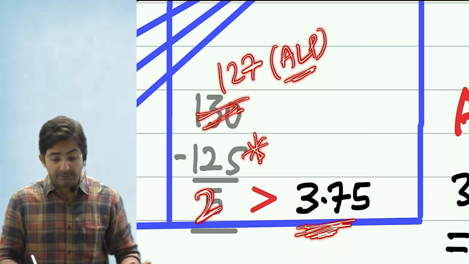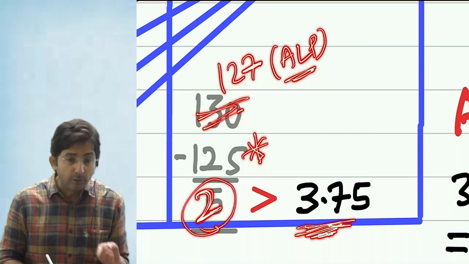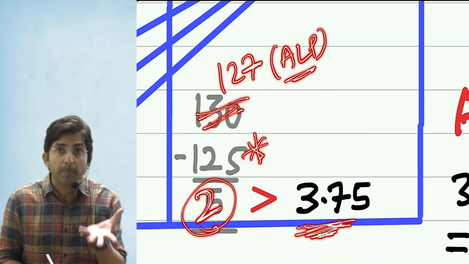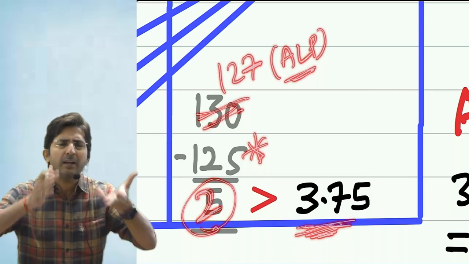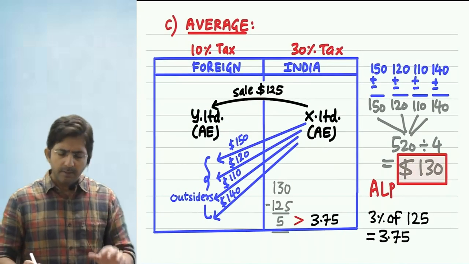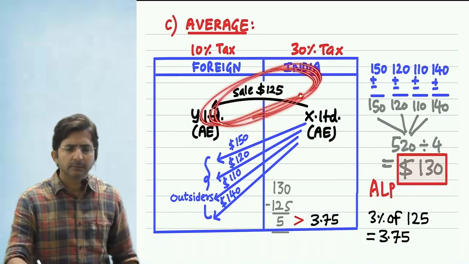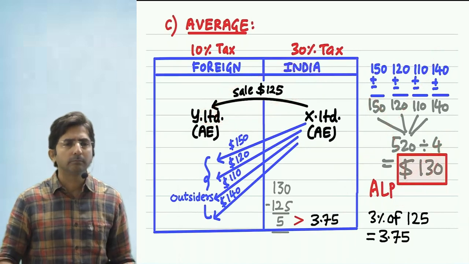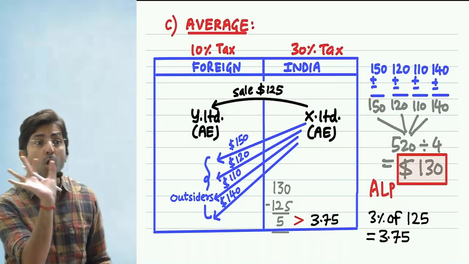But since I have changed the ALP to 127, now my difference is only 2. So is it a big difference or a small difference? It will be tolerated. Tolerated means what? Tell me, in such a case, how will you write the conclusion? Price declared by the assessee is accepted and ALP will be ignored. You will write this when the difference is small.